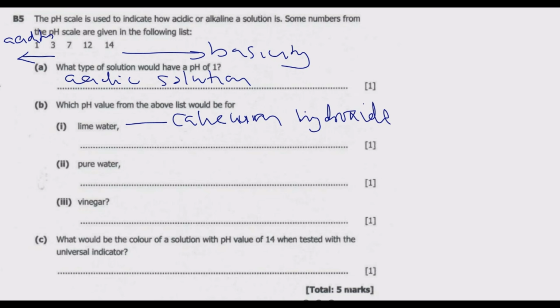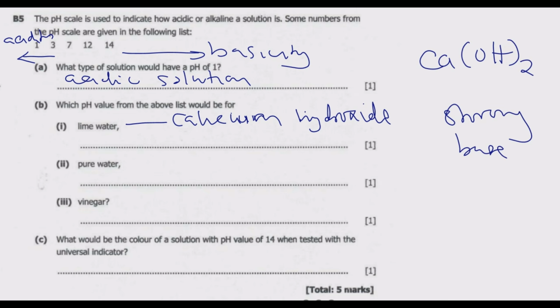So calcium hydroxide is a strong base, which is given by this formula. Because it's a strong base, this one should have a pH value of around 14 from here.